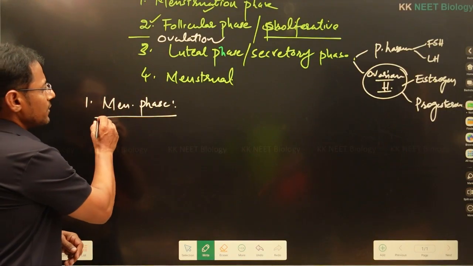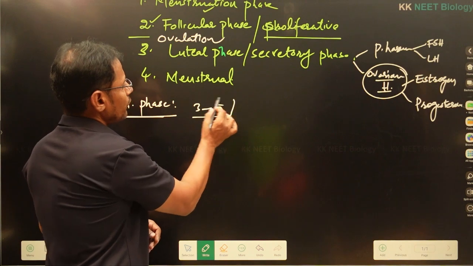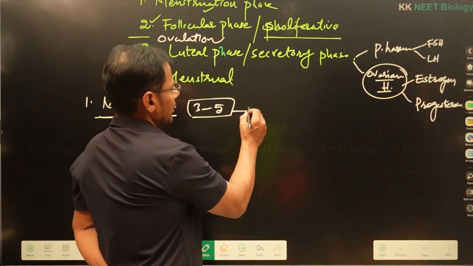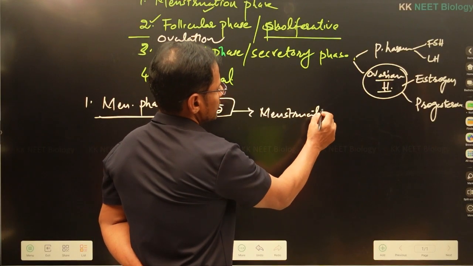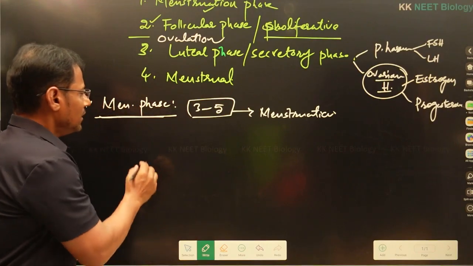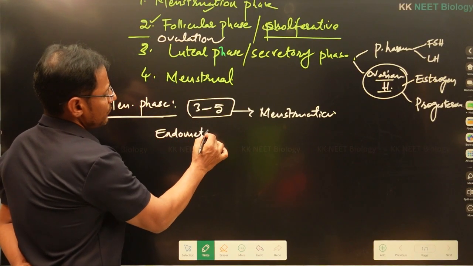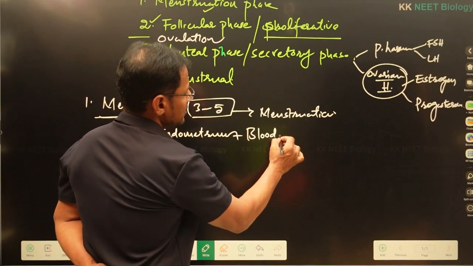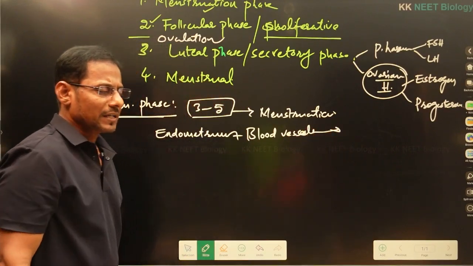Now the menstrual phase. Generally, this menstrual phase takes place around 3 to 5 days. What happens in this menstrual phase? Menstruation happens. Menstruation in the sense here, the endometrium along with fine blood vessels come out of the birth canal.